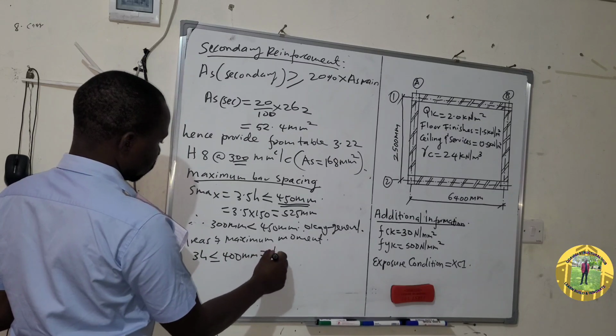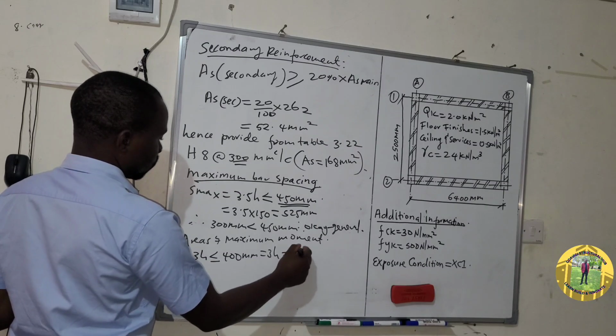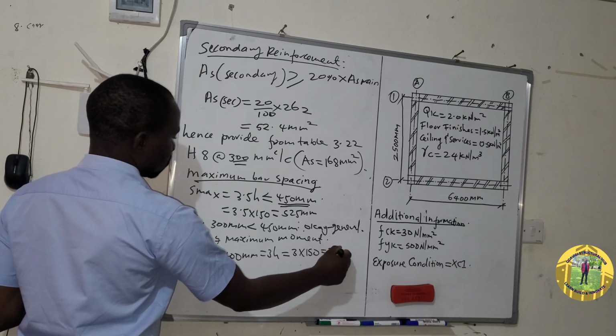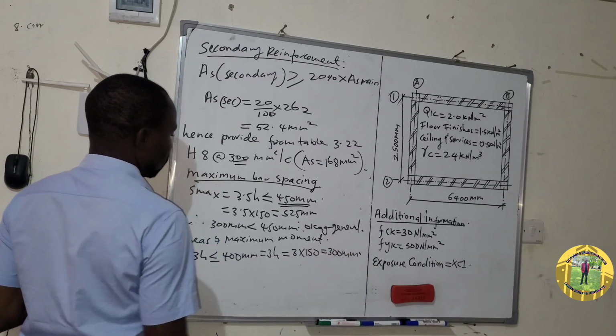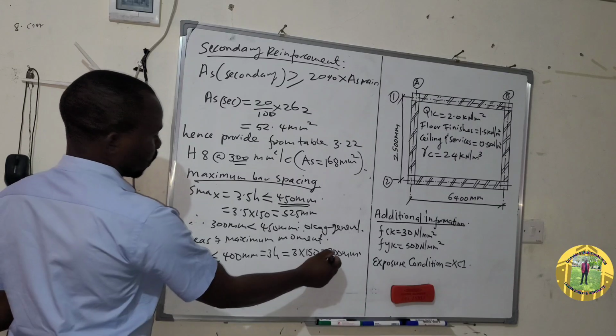So 3H is equal to 3 times 150, which is equal to 300 millimeters. So this is the maximum.